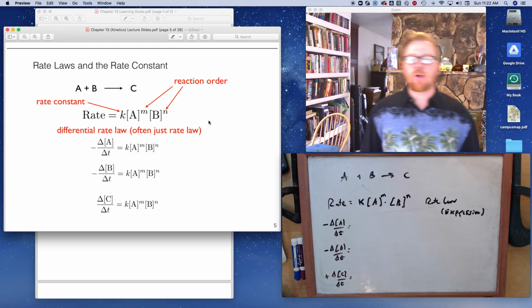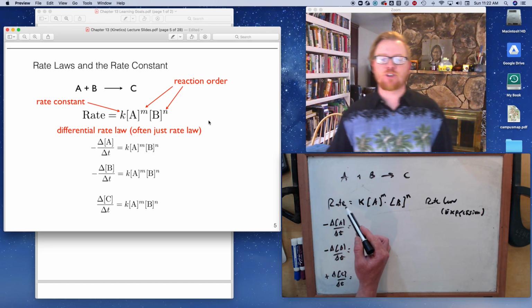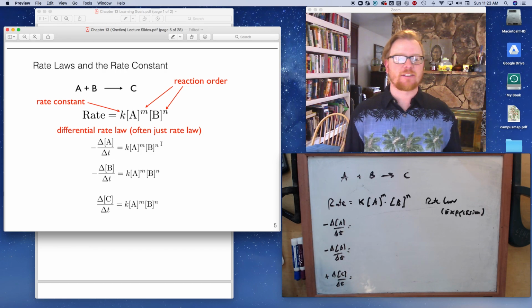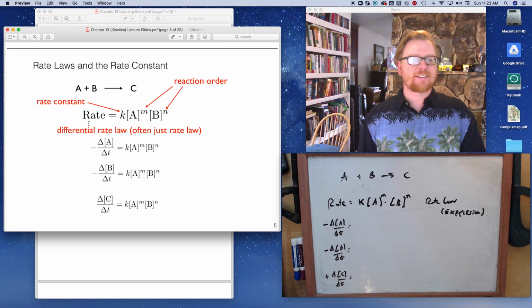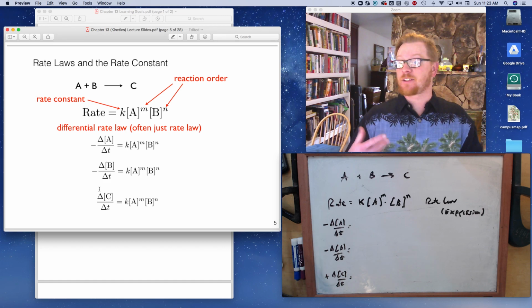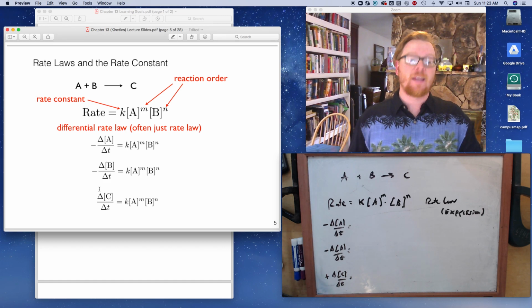Okay? And we also note, because we have this way of doing all of these relative rates, as you can see on the slide here, we could say this rate expression is equal to the rate of A, it's equal to the rate of B, or it's equal to the rate of C, because the way all of these are written, they're written as relative rates, meaning they're all equal.